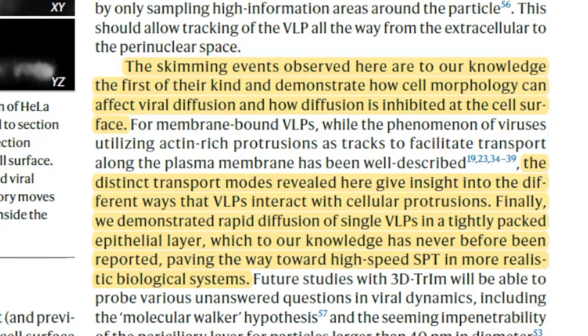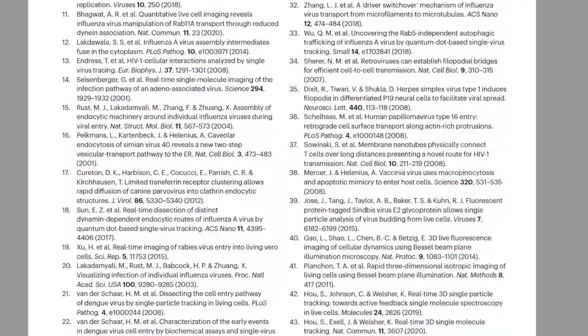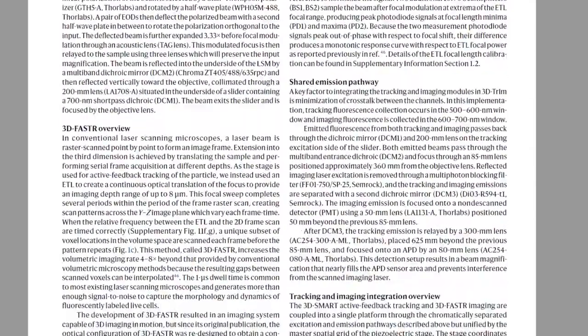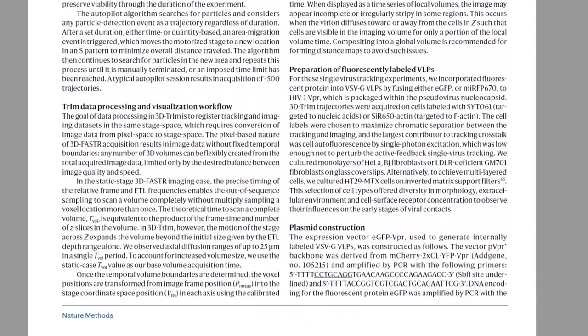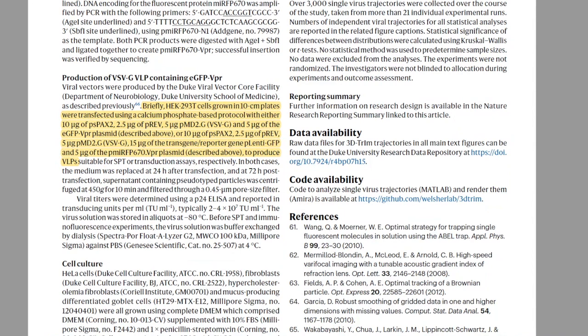Finally, we demonstrated a rapid diffusion of single viral-like particles in a tightly packed epithelial layer, which to our knowledge has never before been reported. Well, so they did something unique, but too bad it doesn't tell us what we need to know about how nature works. Now, there's just one more section I want to review before I give my closing thoughts after we watch the video one more time.